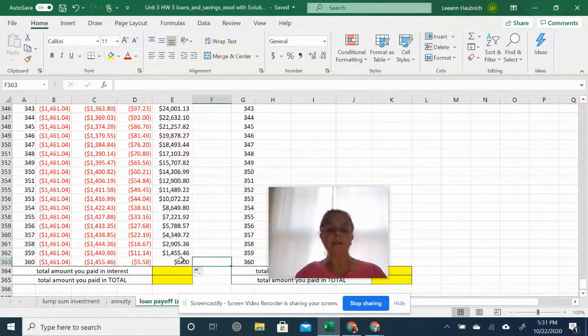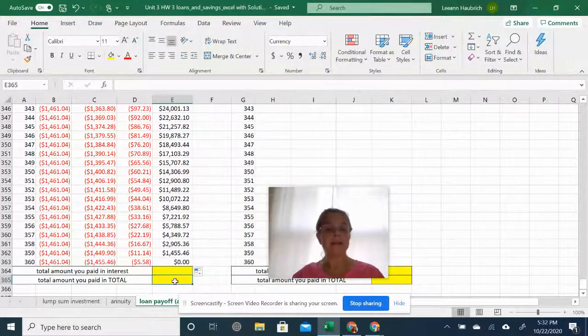There it is. So when I make that very last payment, I shouldn't owe the bank any more money, and it does zero out. So the total amount that I paid in this loan is the number of monthly payments, which was 360, times the amount that I paid every month.